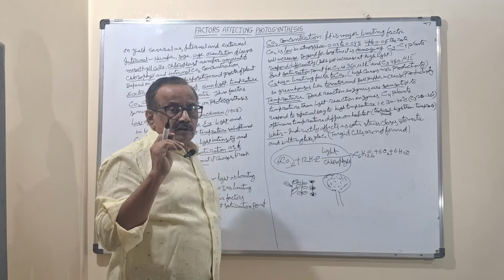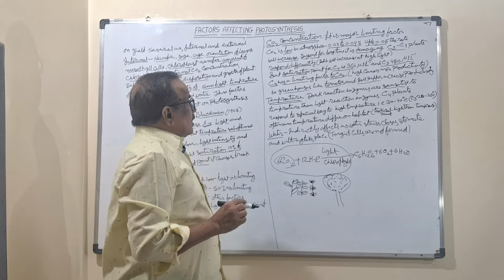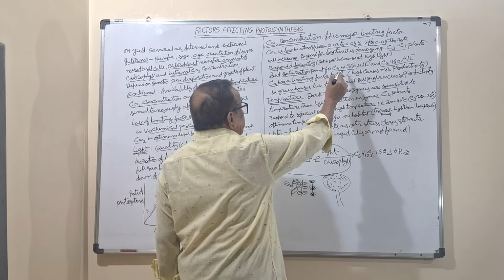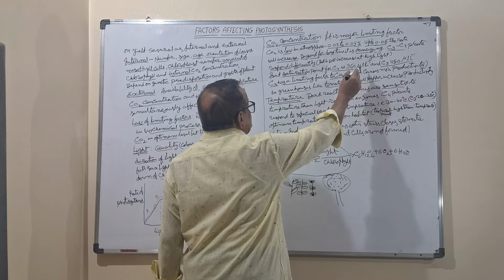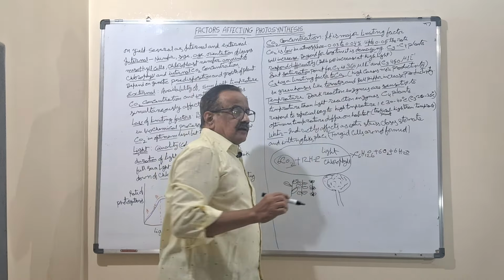Here I am giving one more clarity to you people. That is 360 microliters per liter. Note down this one. It is nothing but 0.036 percentage. If you refer to the book, it will give you that.